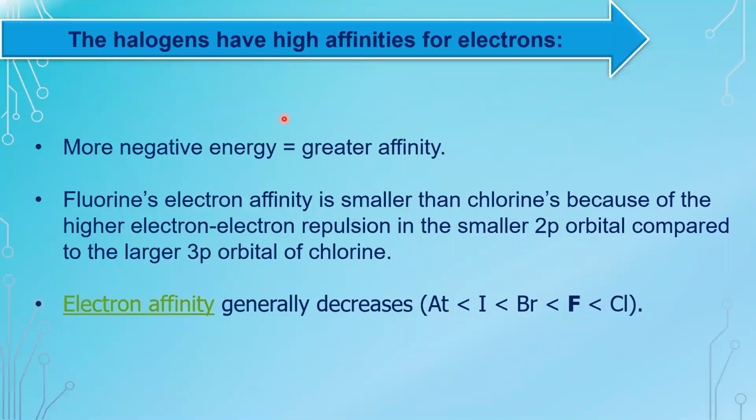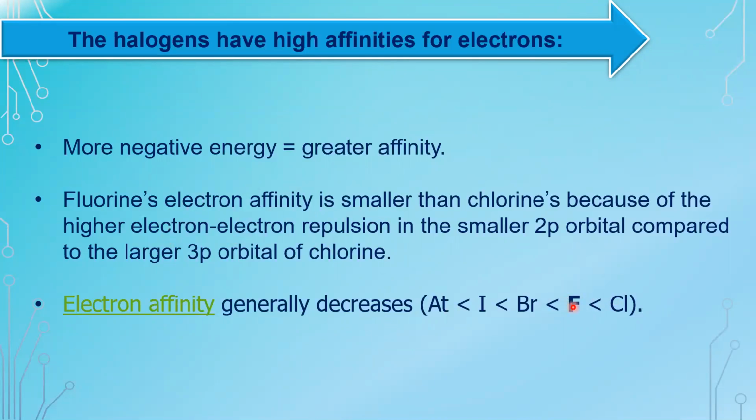Next, the halogens have high affinities for electrons. I repeat, the halogens have high affinities for electrons. That is, more negative energy means greater affinity. Here we have a series: fluorine's electron affinity is smaller than chlorine's.